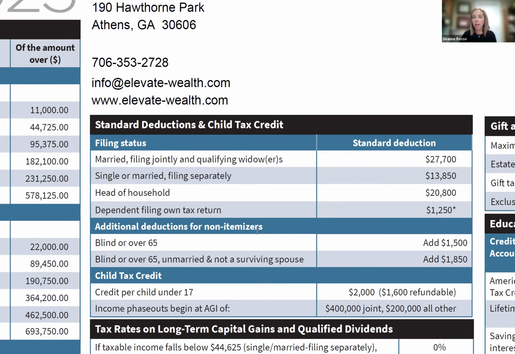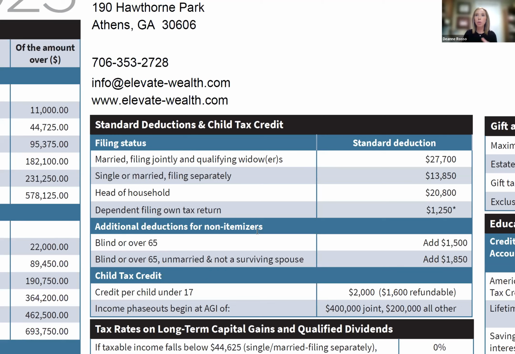So for example, let's say that with your charitable giving, your mortgage interest, and your state and local taxes, you are close to the standard deduction amount, but not quite over, which means you would take the standard deduction. But what if in a given year, instead of making charitable gifts annually, you bunch them up?